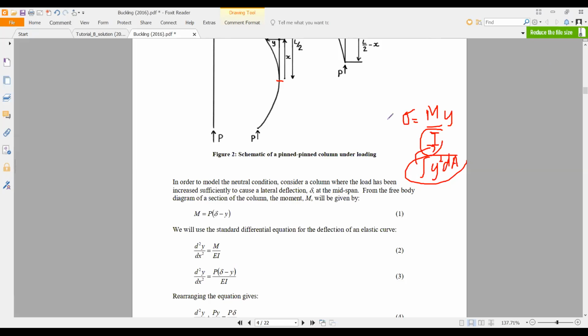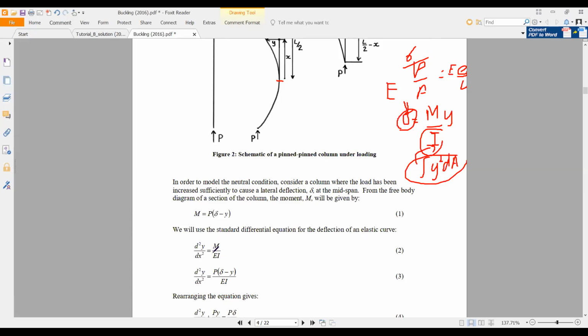So here E comes up with the sigma. You can substitute the E terms here, sigma with E, and you know sigma is P divided by A. Using that equation we can eliminate the sigma part, and using this integration we convert the integral to a differential equation.